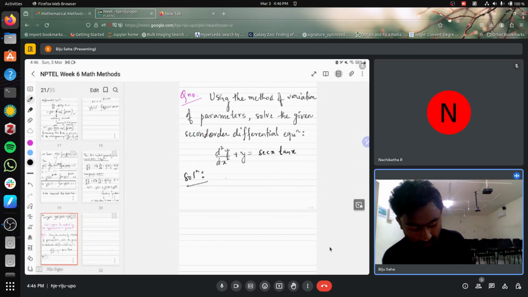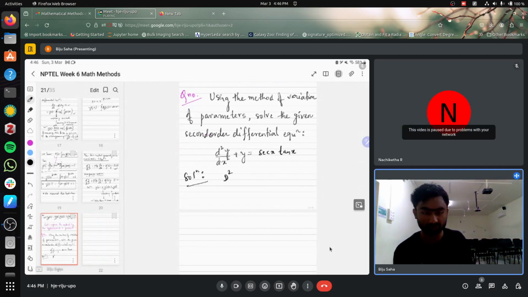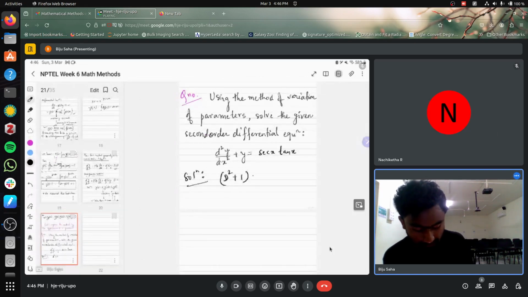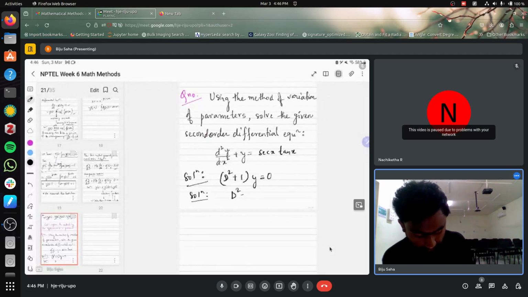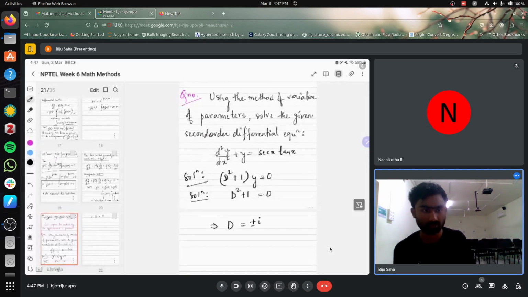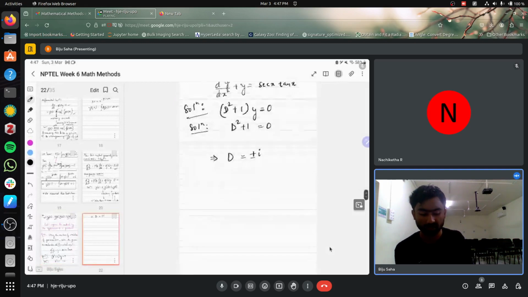So if you can tell me what will be the homogeneous solution to this. So first of all, let's write the auxiliary equation. The solution to the auxiliary equation is, so these are the roots of my auxiliary equation.